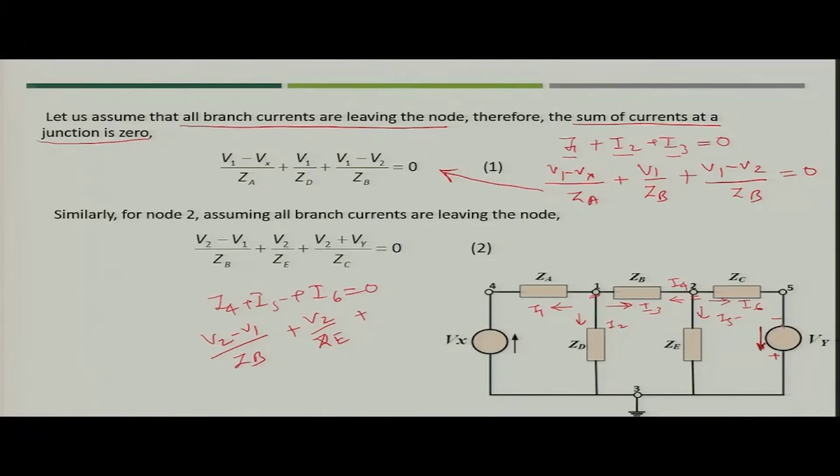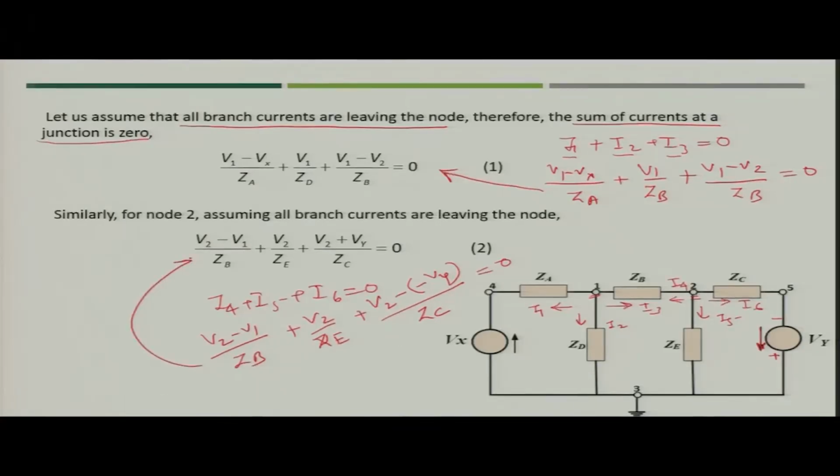So here you can write V2 minus of minus Vy divided by ZC, that would be current I6, and then it will be equal to 0.